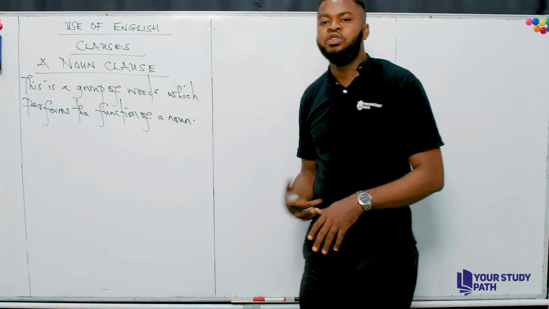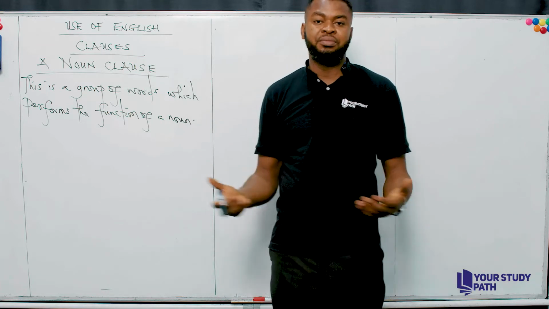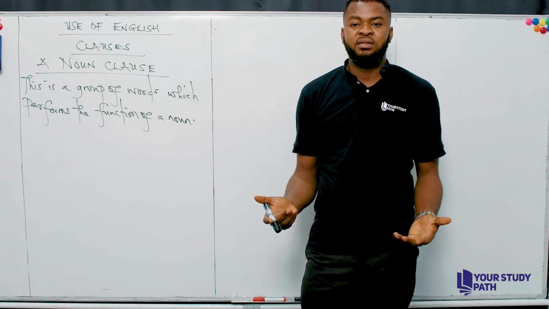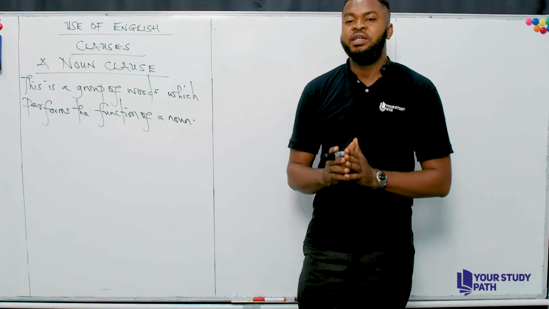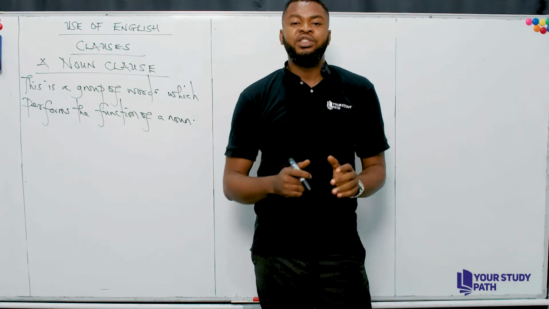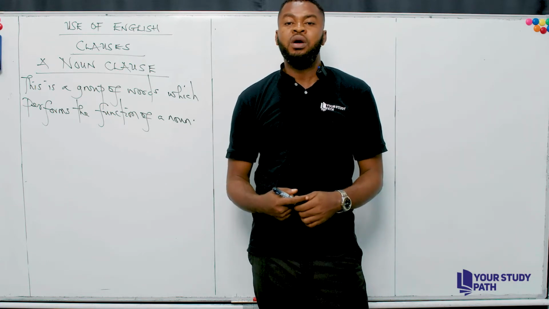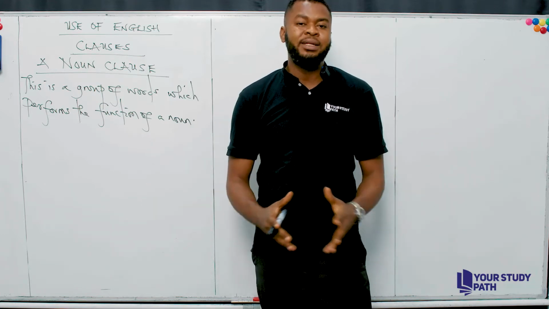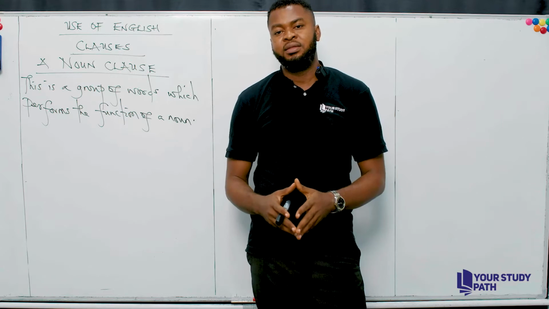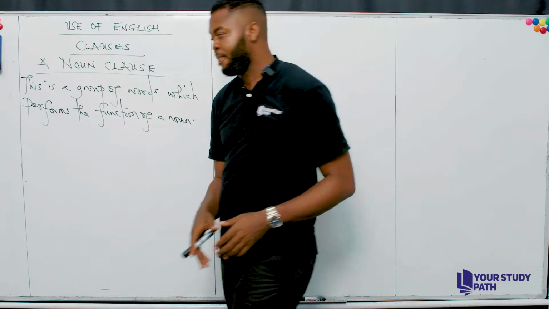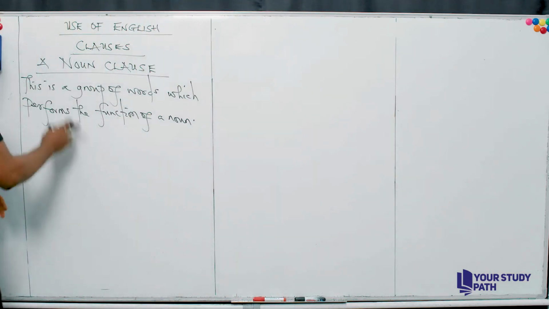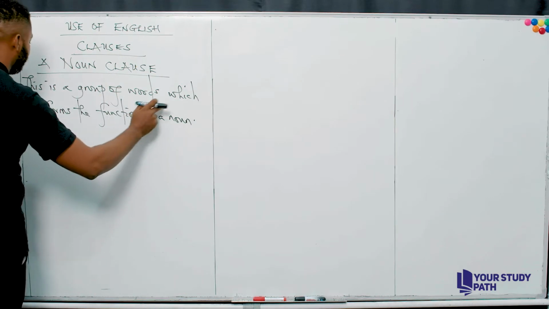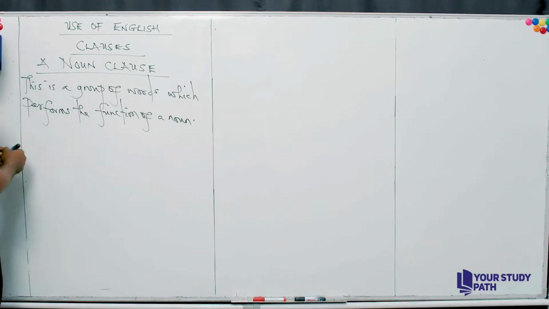So a noun clause performs exactly the same function, no difference. So you see the reason why, under English grammar, your foundation should be well grounded on the parts of speech, the word classes. So a noun clause is a group of words which performs the function of a noun.